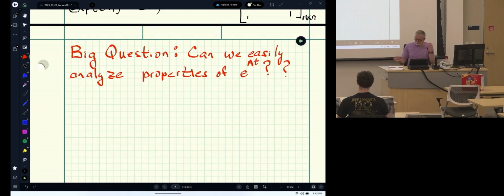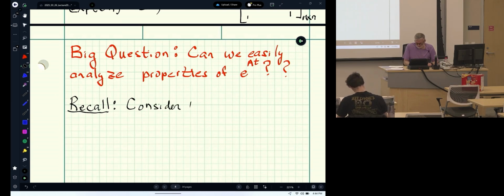And the answer is yes, as you can imagine, because I wouldn't be setting us up for failure. The secret is eigenvalues and eigenvectors. So let's just remember what eigenvalues and eigenvectors are. Let's take A that's n by n.